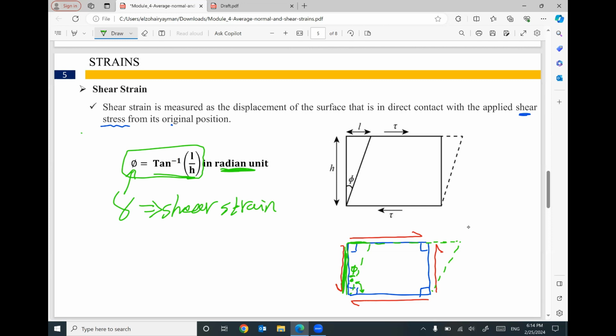Keep in mind the original angle was a value. After deformation, we have distortion, a change in the angle. How much is this change? It will be measured in degree first, then by inverse tan, the opposite divided by the adjacent, then we convert it to radian. That means this value will represent the shear strain.